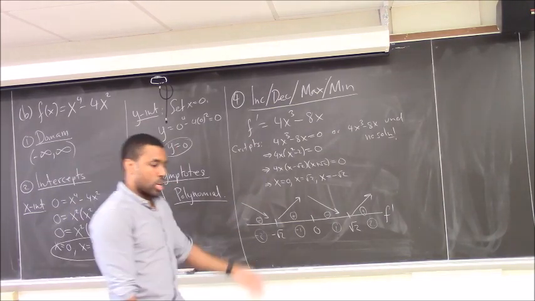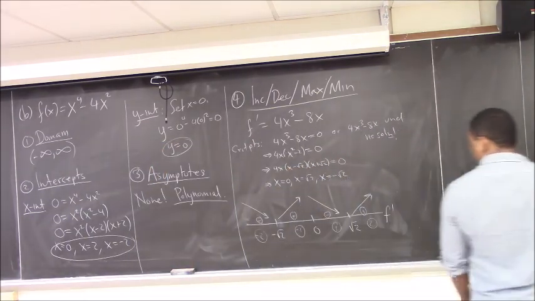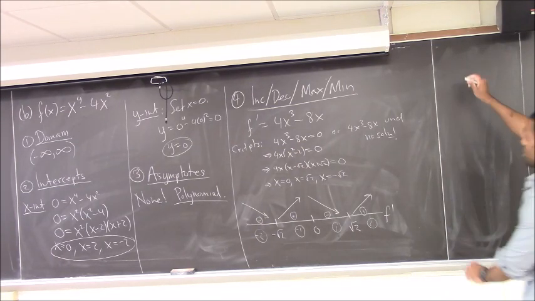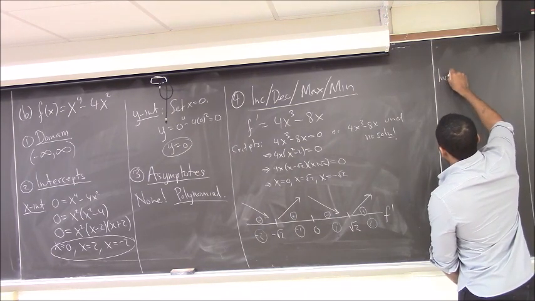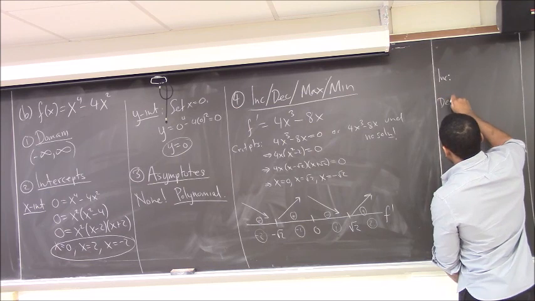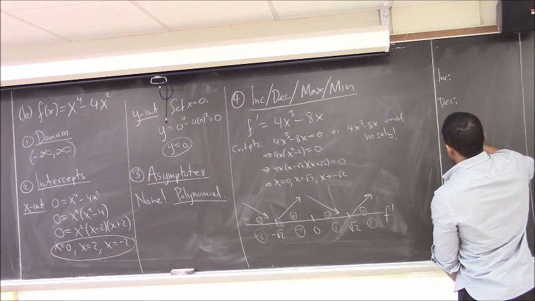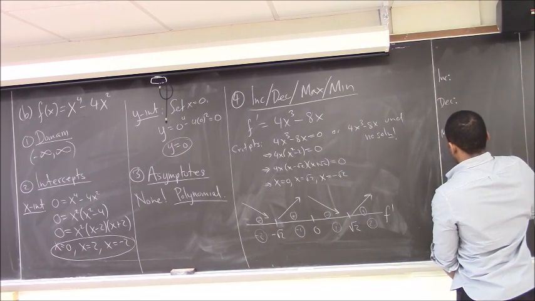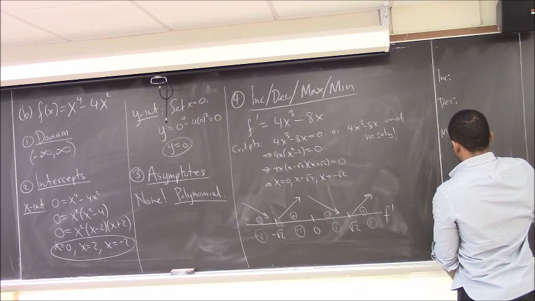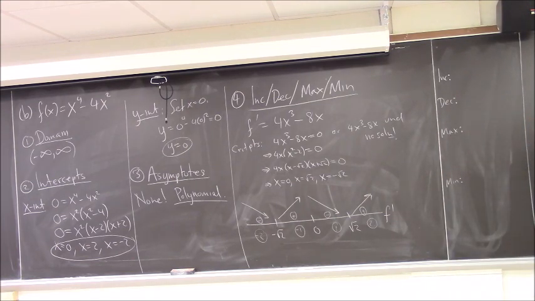And this kind of starts to create some sort of picture for us, but let's actually summarize what it tells us. Where are we increasing? Where are we decreasing? Where are their maximums? Where are their minimums? Where are we increasing?